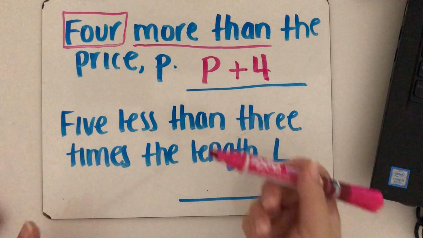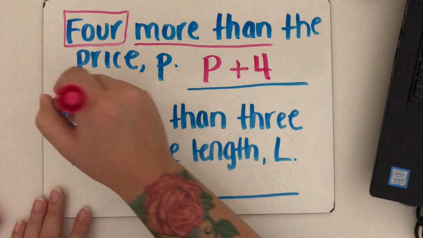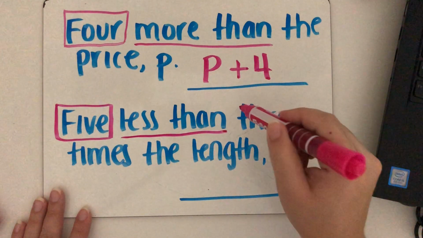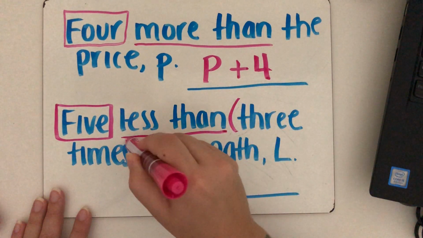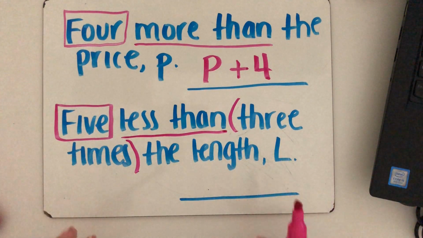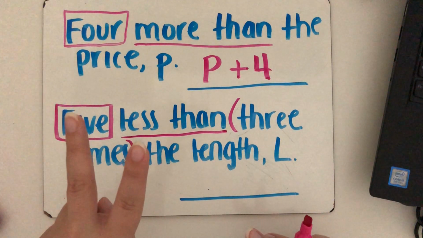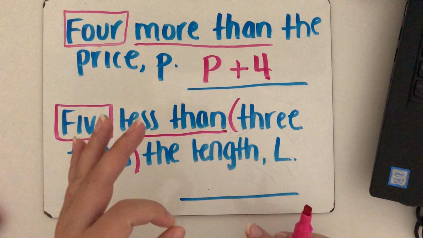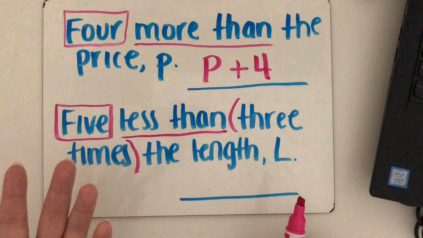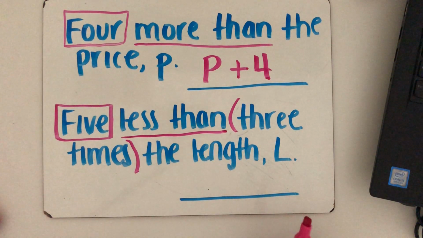All right, looking at this, I know 5 is a key piece, along with less than, and then I also have 3 times the length L. So I've noticed 2 sets of words that deal with 2 different operations: less than, which is subtraction, and times, which is multiplication.